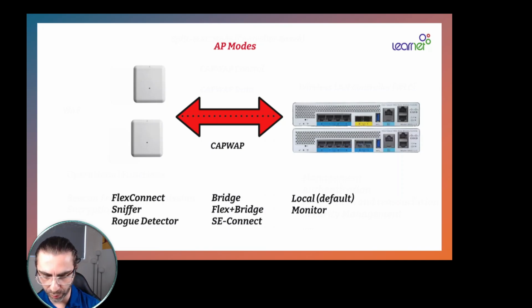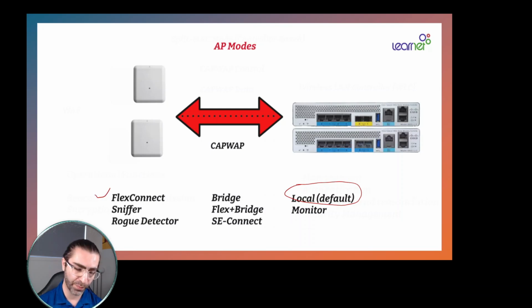You can configure your WAPs in different modes, or different roles, within the WLC. The default mode is called local, which is what you expect from a normal WAP, to provide connectivity to the wireless networks. But you can put your WAP in other modes as well. For example, in FlexConnect, your wireless access point would be able to provide connectivity between SSIDs.